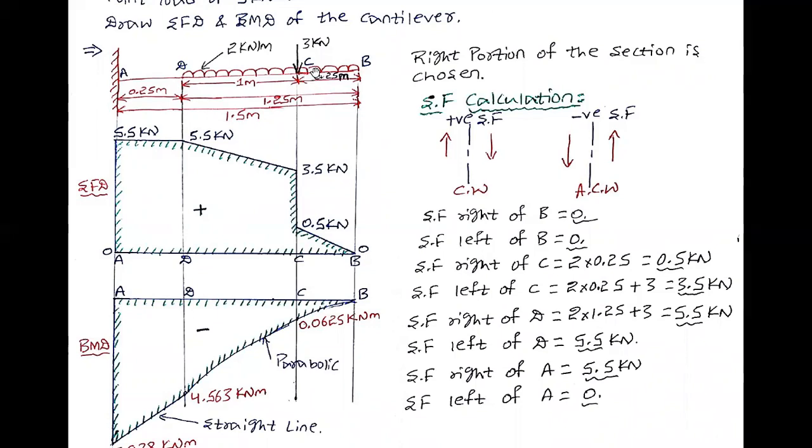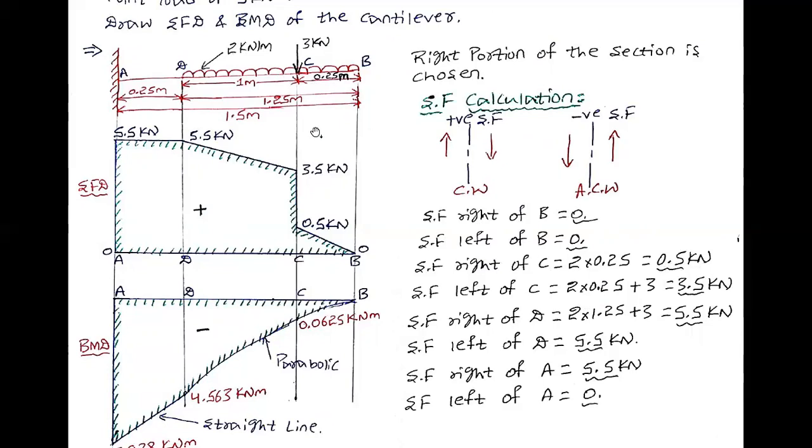For that, UDL is 2 kilonewton per meter multiplied by the distance up to which it is acting, from point B to point C, which is 0.25. Therefore, 2 into 0.25. On the right side of the section, it will be acting at the center, in clockwise direction. On the right side, clockwise means positive. Plus 2 into 0.25, it will be 0.5 kilonewton.